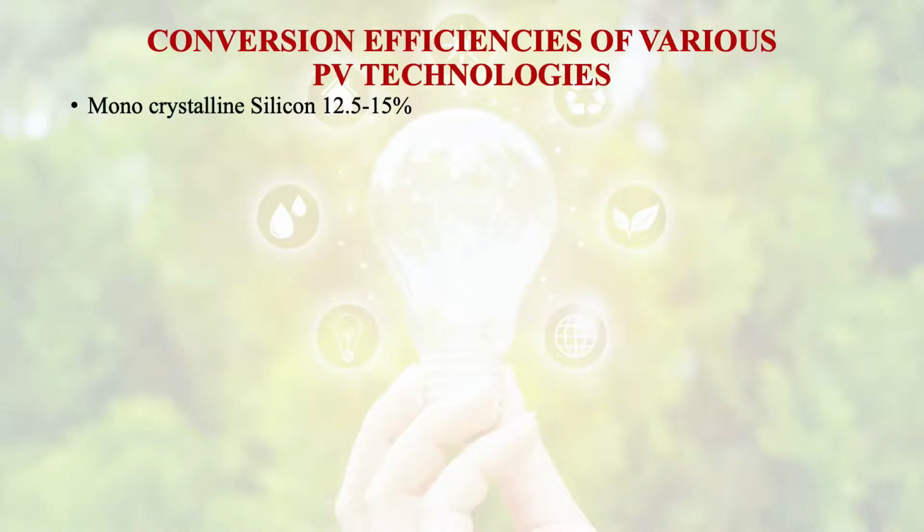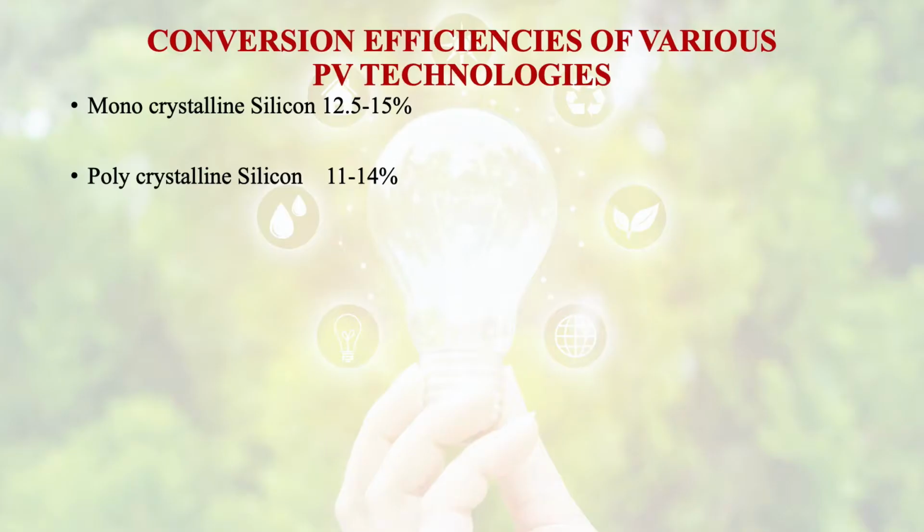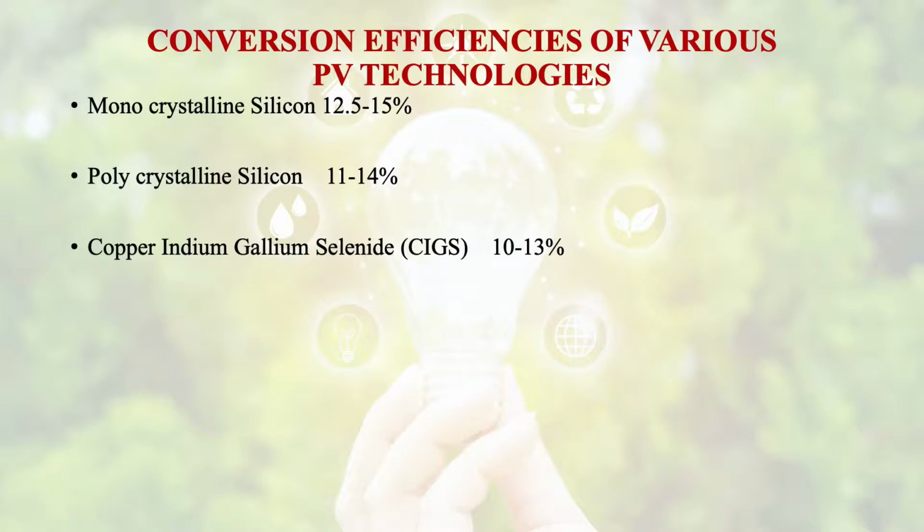So the conversion efficiencies of various PV module technologies I am just indicating here for your understanding. You will find that the monocrystalline silicon cell has an efficiency of 12.5 to 15%, which is the highest. Then the polycrystalline solar cell has somewhat less efficiency, 11 to 14%, and the copper indium gallium selenide thin film cell is 10 to 13%.